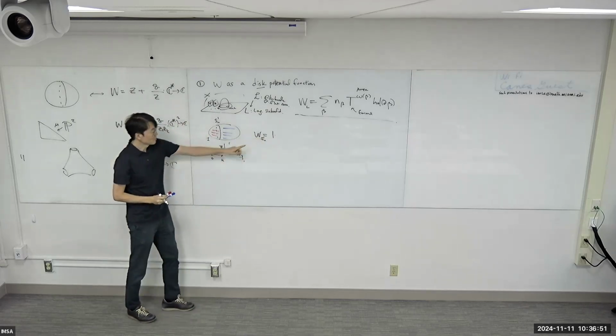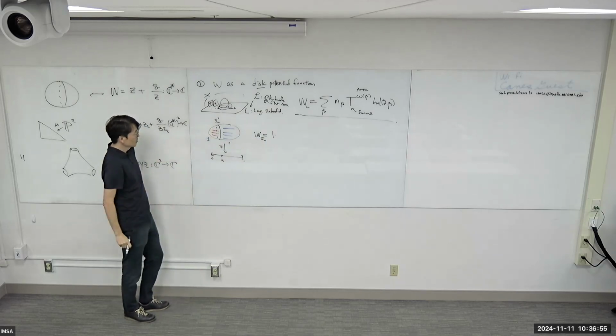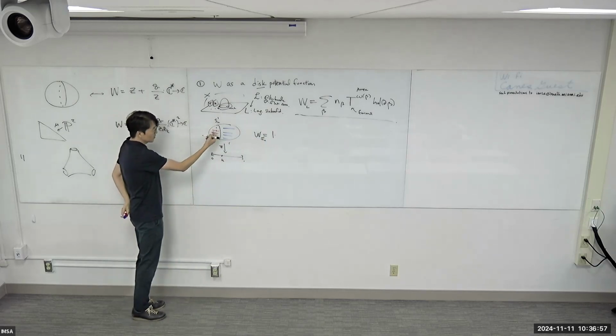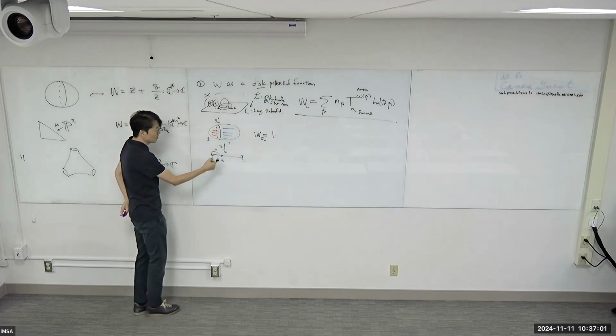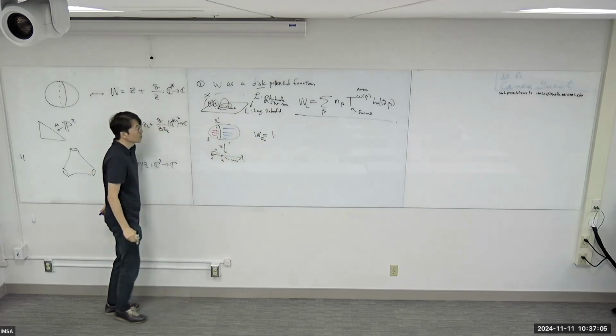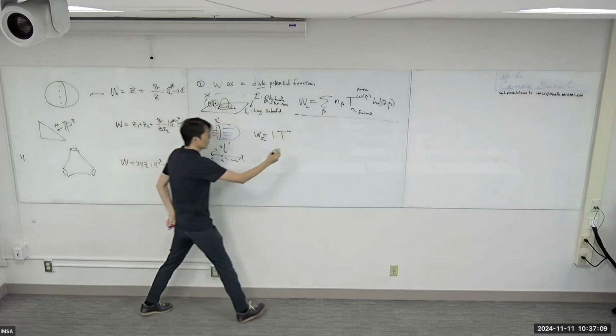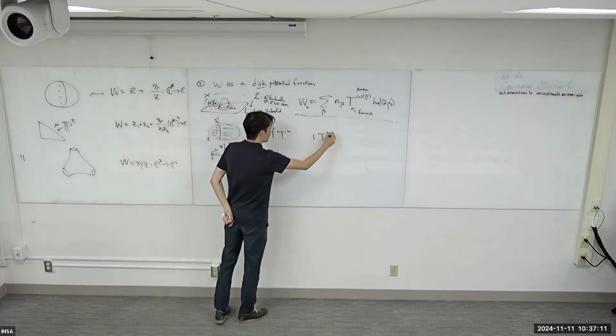Okay, I fixed U. Right? And somehow the area of this red one is proportional to U. The area of the blue one is proportional to 1 minus U. So it's T to the U, and T to the 1 minus U.